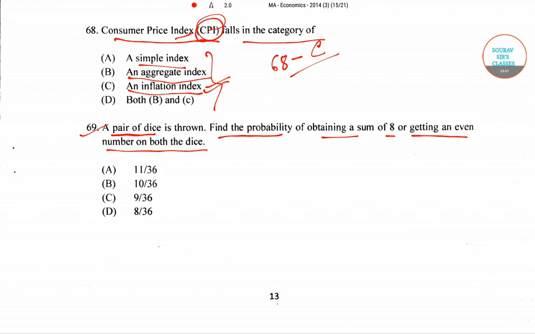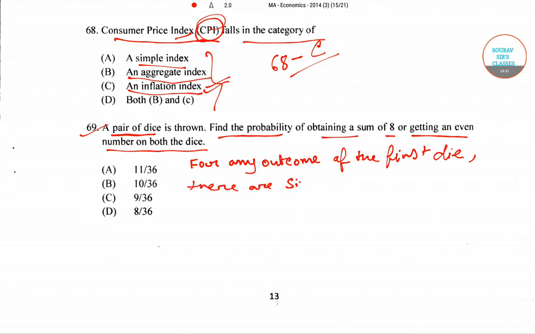So for this, what we have to do, we have to write down for any outcome of the first die, there are 6 possible outcomes for the second one.